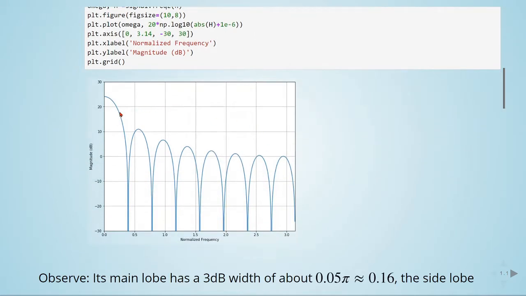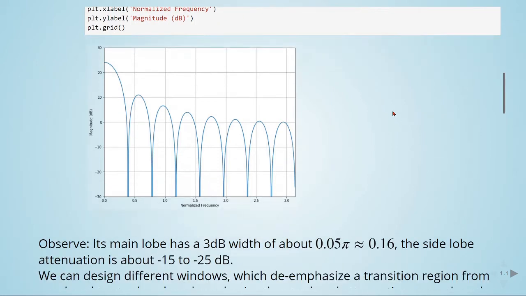And we have the frequency response here, with normalized frequency from 0 to pi and our magnitude in dB. Here we can observe that its main lobe has a 3 dB width of about 0.05 pi, approximately 0.16, and the side lobe attenuation is about minus 15 to minus 25 dB.